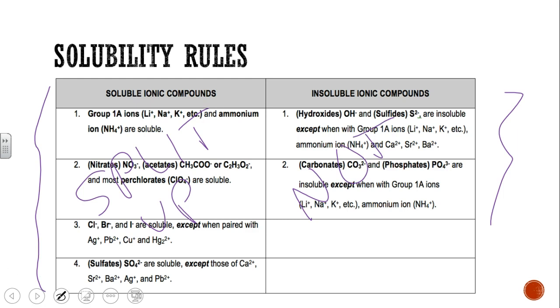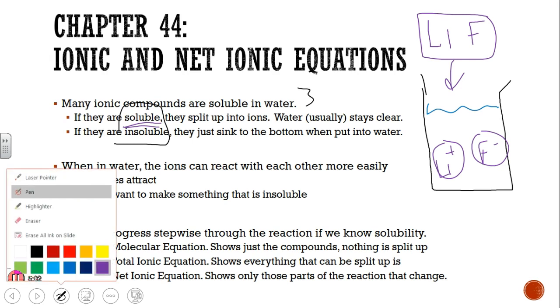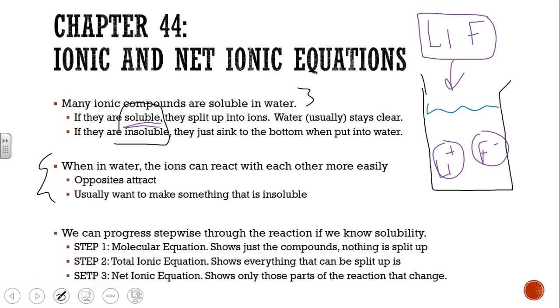And that is super important because when they split up, a reaction is more likely to happen than when they don't split. When they're in water, the ions, because they're separated, can react with each other more easily because opposites attract, and they typically will want to make something that is insoluble.